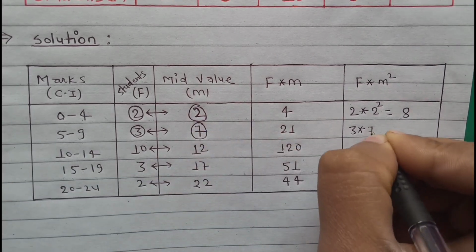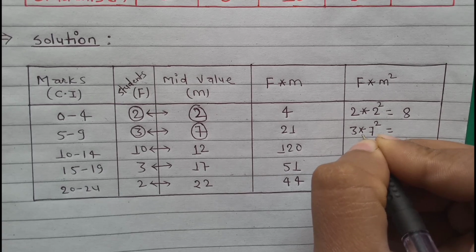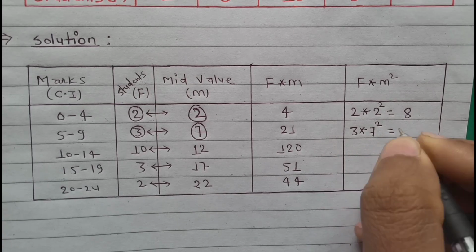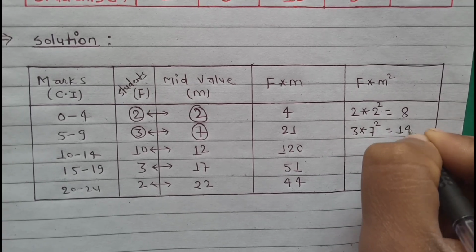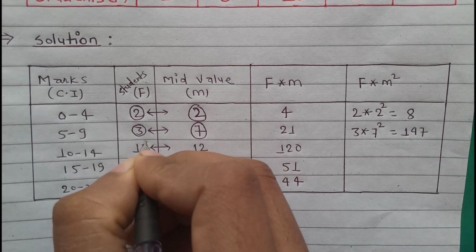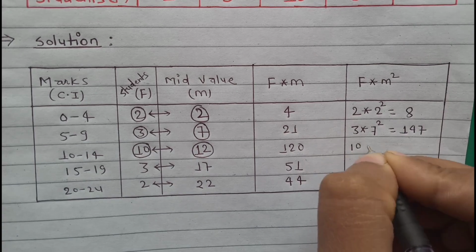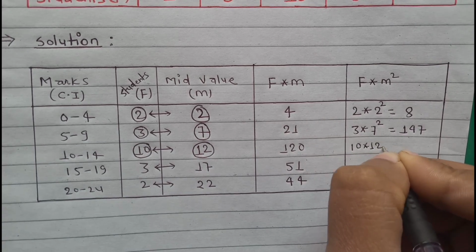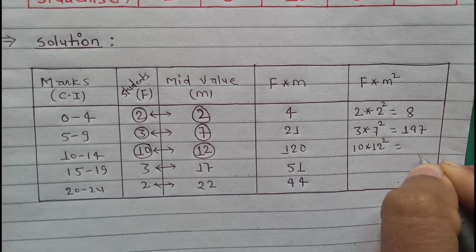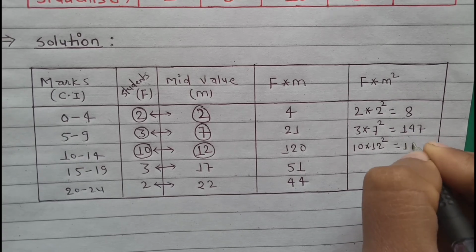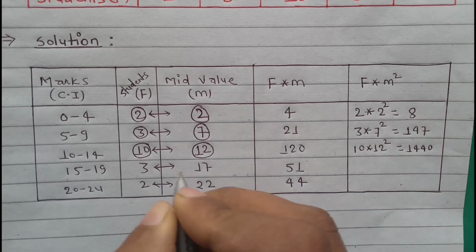Here m is 7, so 3 into 7 square, we get 147. Similarly, 10 into 12 square, we get 1440.